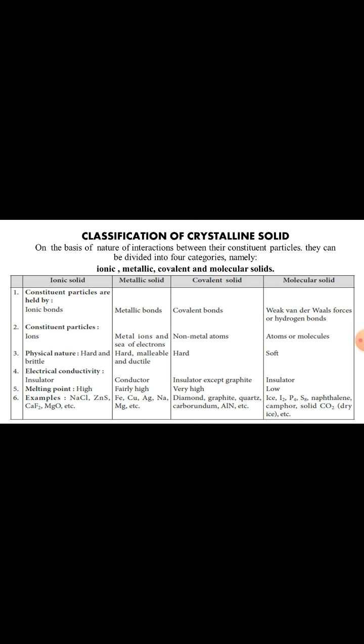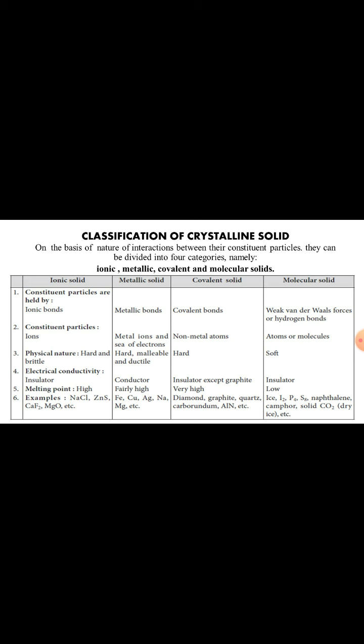Metallic bond is also a strong bond. That's why they are hard. And metals are malleable and ductile. Electrical conductivity: they are good conductors of electricity, either in gas state, solid state or liquid state, due to the presence of free and mobile electrons.